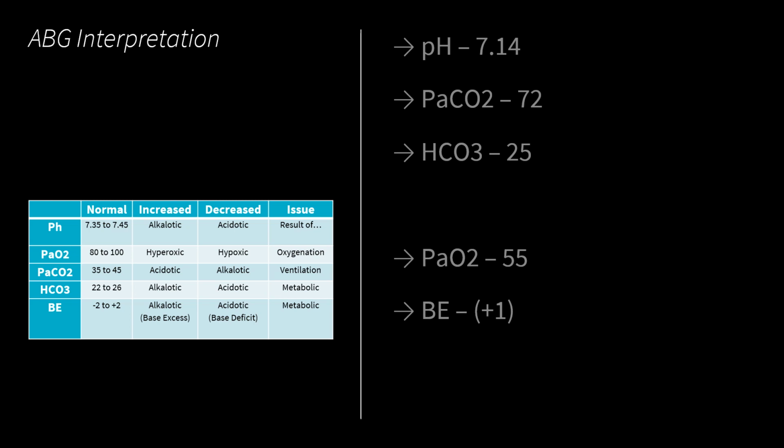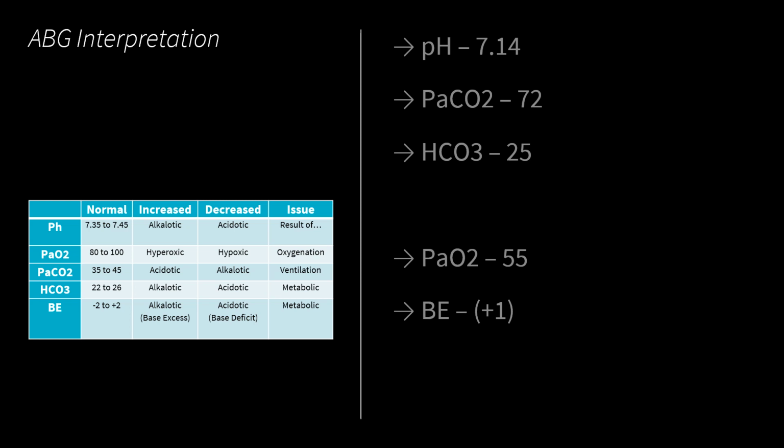We look down at our first mechanism, which is the respiratory system. We look at our CO2, it's high. CO2 is an acid, so we have an excess of CO2, so we have a respiratory acidosis as part of our component. We look down at our bicarb, we ask the same question. Is it acid, base, or normal? It falls within the normal range, so it's not helping, it's not hurting, it's doing nothing.